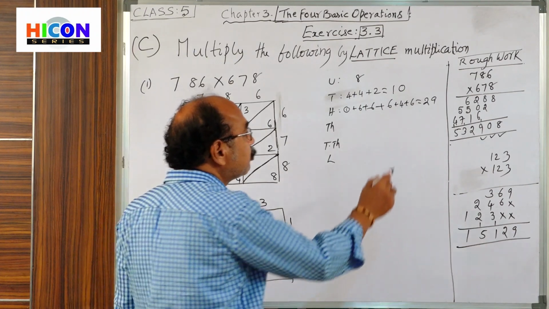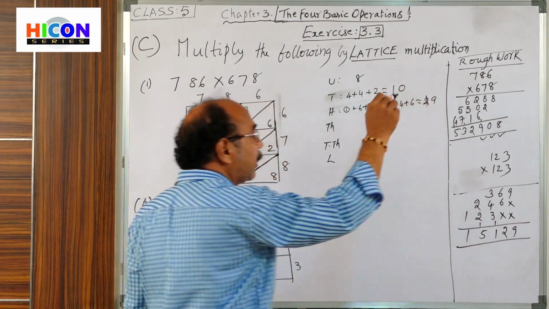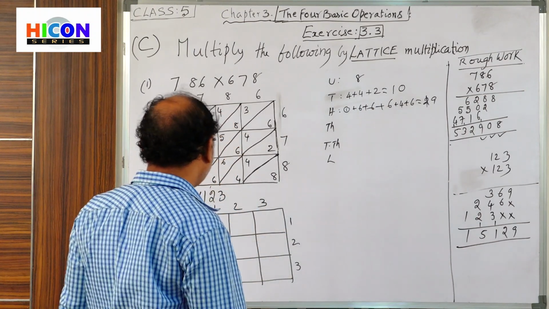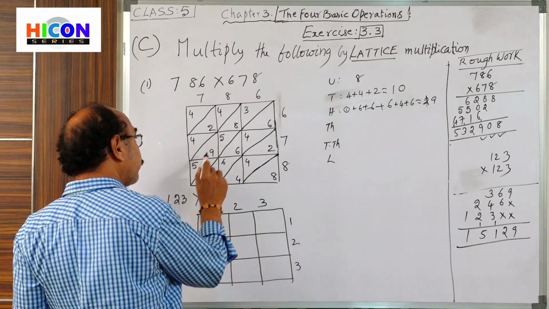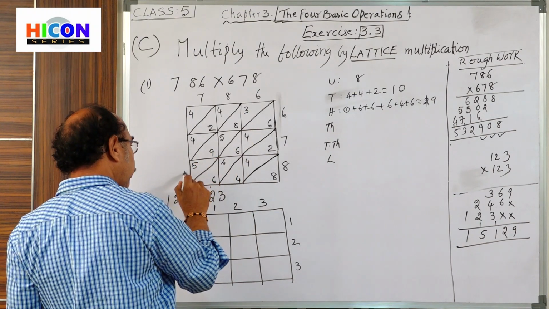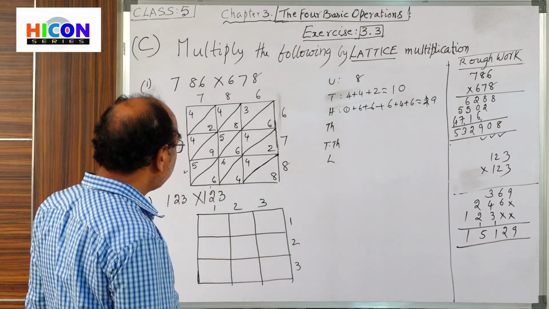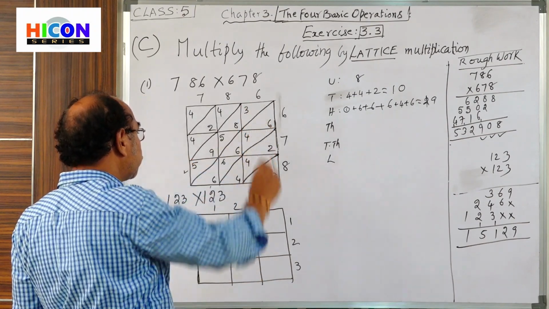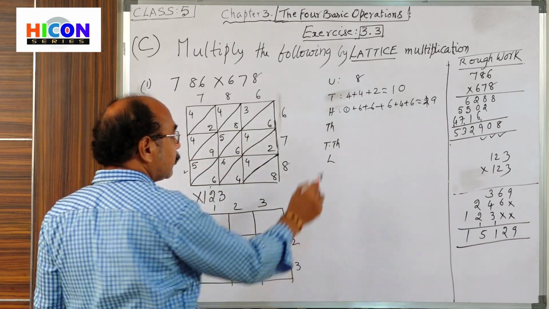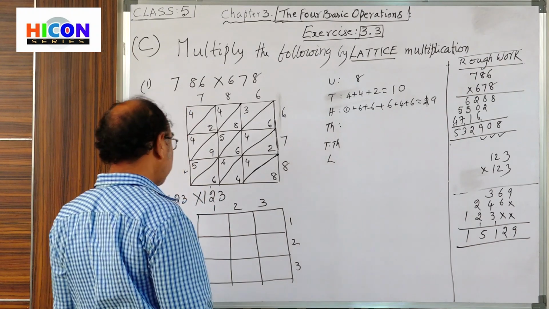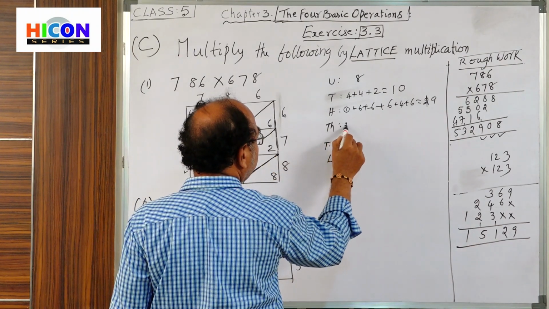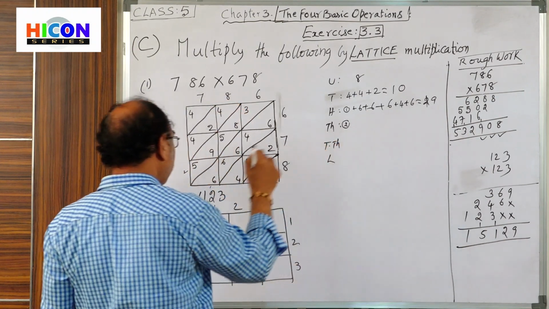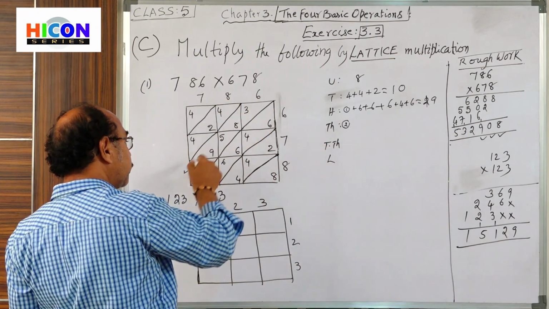Now this 2 should be carried. That's why here we write 2. In this diagonal, 2 carried. Now add thousands. Now come to thousands. What are the numbers here? 2 plus, here 2 carried, because it should be carried now. 2 plus the remaining numbers in this diagonal.